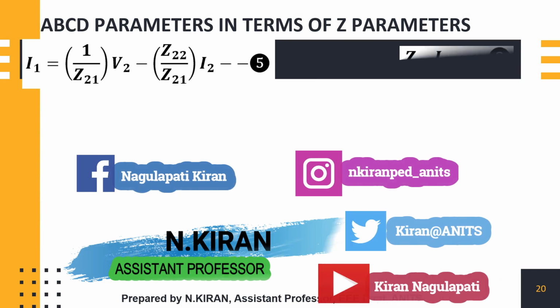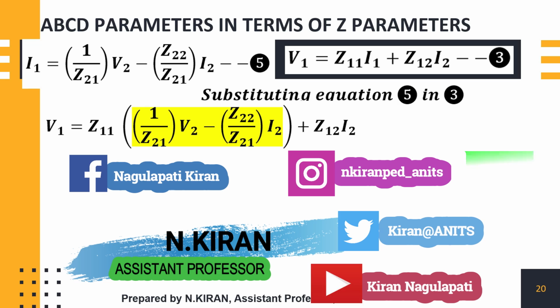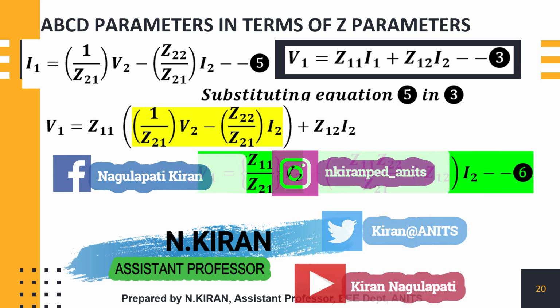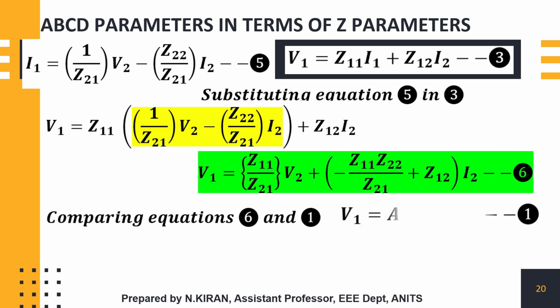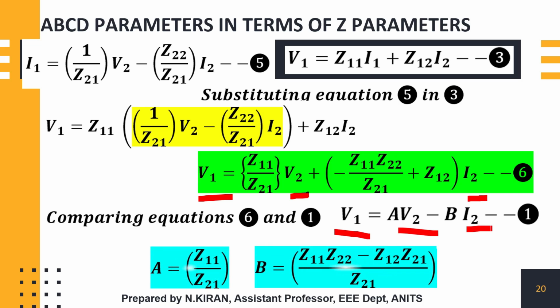And in doing so, I'll get the equation indicated by equation 6. Now I can easily compare it with the first equation since both have the same variables, which will give rise to A is equal to Z11 by Z21 and B is equal to delta Z by Z21.